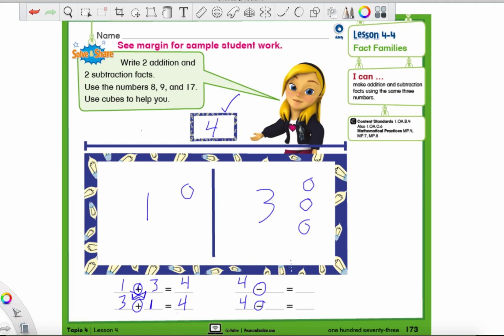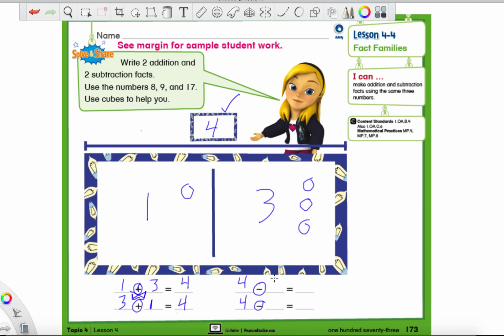Alright, so now we are all done with our addition number sentences. Let's look at our subtraction, where we make small numbers. So we have our 4 first, right? And we don't have to worry about that number ever again. What number would you like to go second? Like, how much are we going to take away from 4? Do you think we should take away 1 or 3? Well, if you're pointing at the 1, we can absolutely do that.